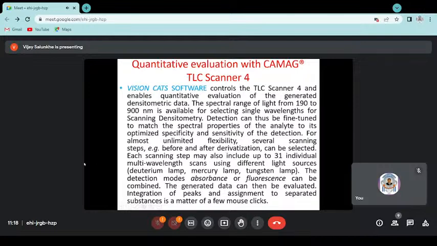So the detection modes, absorbance or fluorescence, can be combined. The generated data can then be evaluated, and integration of peaks and assignment to the separated substance is a matter of this process. So you can do this densitometric scanning work by the TLC scanner.